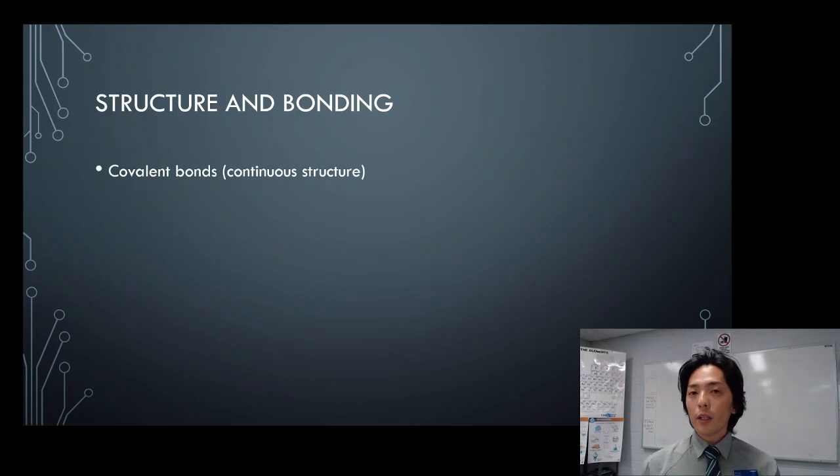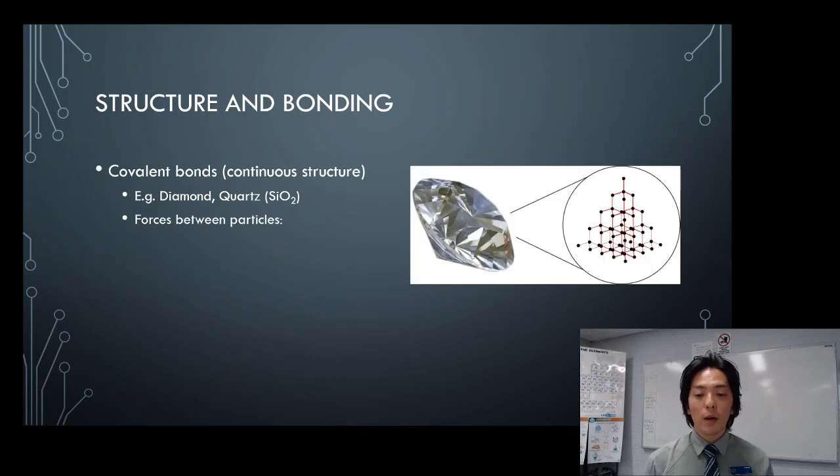Now, covalent one can come in 2 different types. If it's continuous structure, so the lattice structure, for example, diamond or quartz, which is SiO2, you can only see Si and O, both are non-metals, so it's going to be non-metal, covalent bonds as well. But it's going to be a much larger structure, like that one. Now, forces between particles would be strong intramolecular bond, okay?